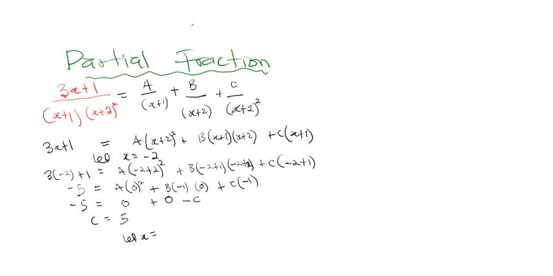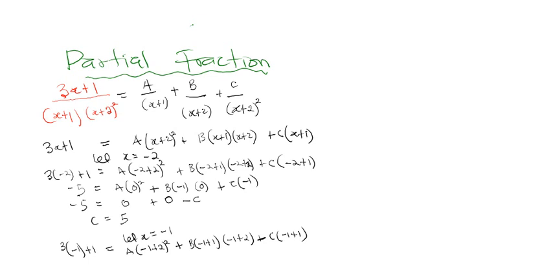So if x is equal to negative 1, our expression is going to be 3 times negative 1 plus 1 is equal to a into bracket negative 1 plus 2 all squared plus b into bracket negative 1 plus 1 into bracket negative 1 plus 2 plus c into bracket negative 1 plus 1.